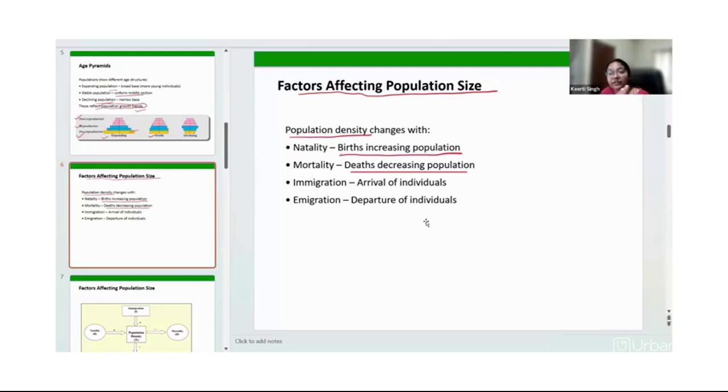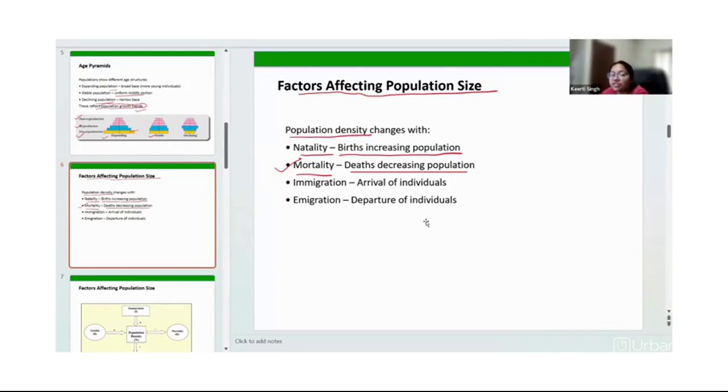You are aware that we have recently faced the pandemic, COVID-19. What effect does it leave on us? We have seen that a number of deaths have happened during that period. It means that the population must have decreased to some extent. So these rates will actually determine the size of the population when we are considering a set period of time.